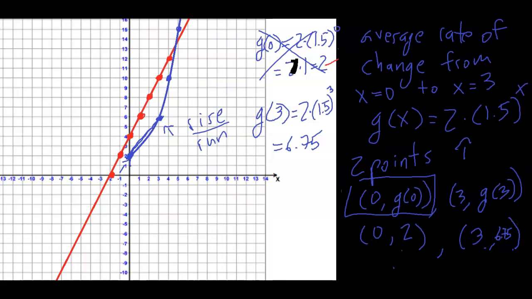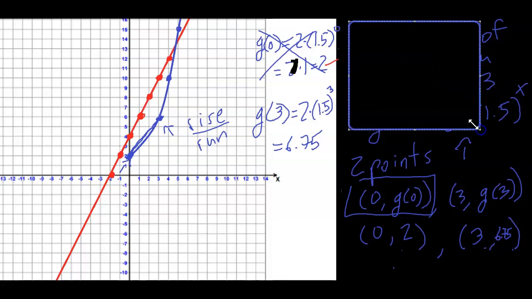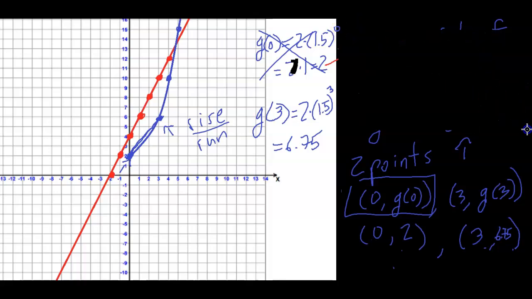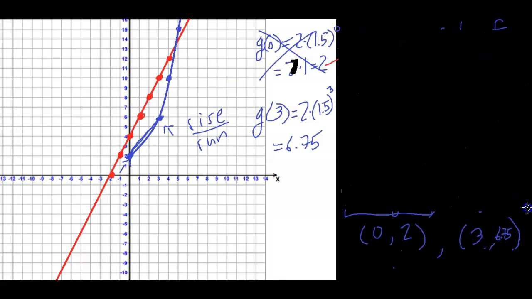So let me make some room so that we can calculate the rise over run. All right, bear with me as I try to get some room here. There we go. All right, so let's try to get rid of this.